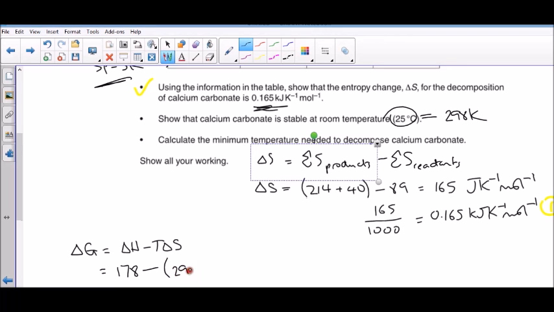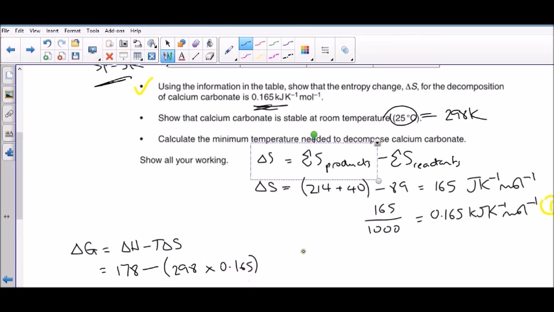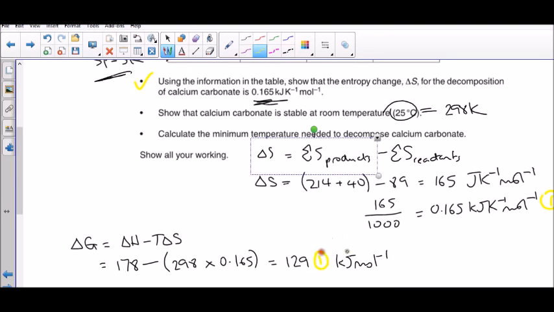So we're going to do 298 times 0.165, and that gives us an answer of 129. Very important here that you state your units as kilojoules per mole for delta G, because you could equally work it out in joules per mole, but we haven't done. So you've got to state that, because you get 1 for the number and 1 for the units, and you will also get 1 for the calculation.